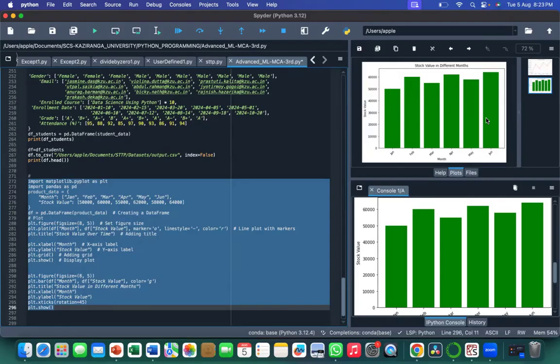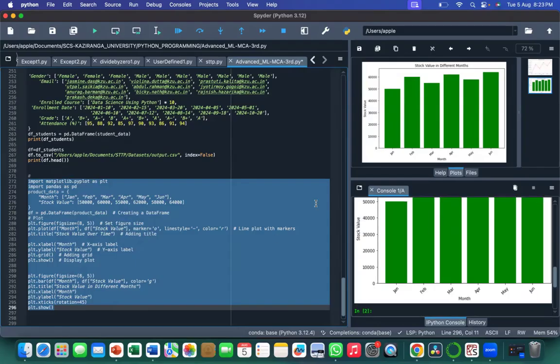Like in the month of June, what is the value, and it is greater than the value of, say, March. You can see it, right? So with this graph we can directly compare the values and then come to a particular decision. So this is why we have used bar plot.